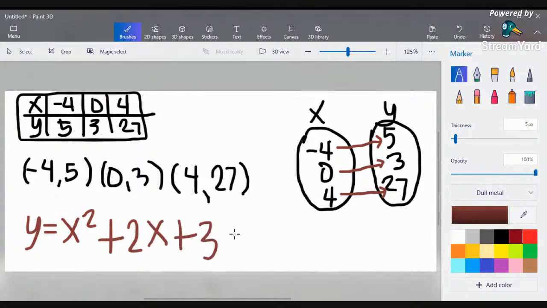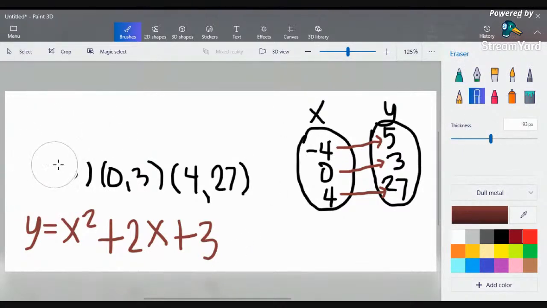Next one is through a graph. Okay, so I will erase the others. Let's make a graph of it.